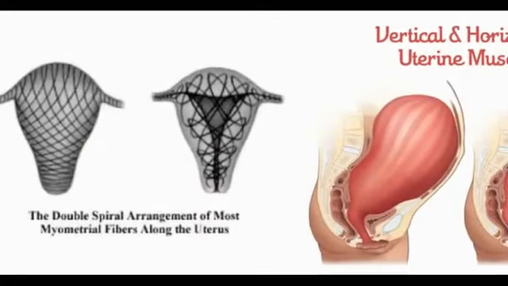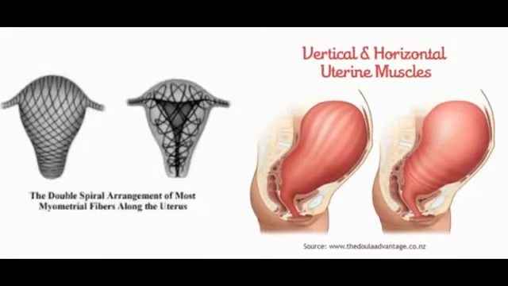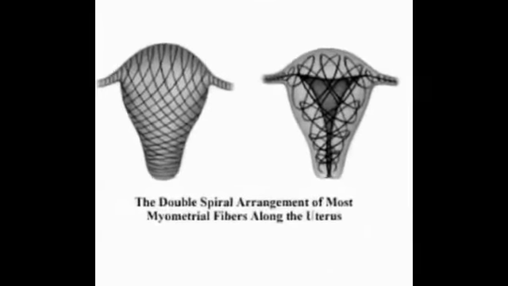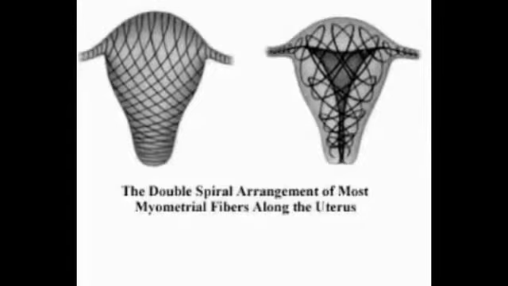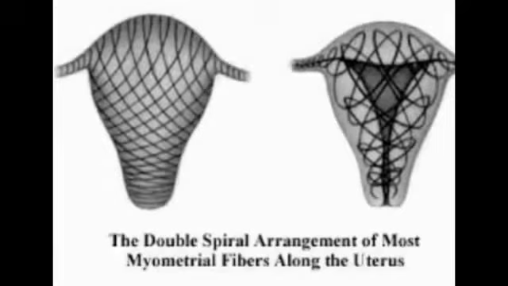From the womb, it is an interesting organization of muscles. They have different directions because the main function of the womb is positioning itself with contraction or relaxation of the muscles.